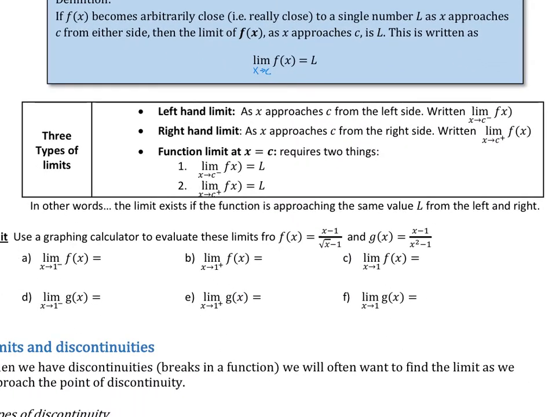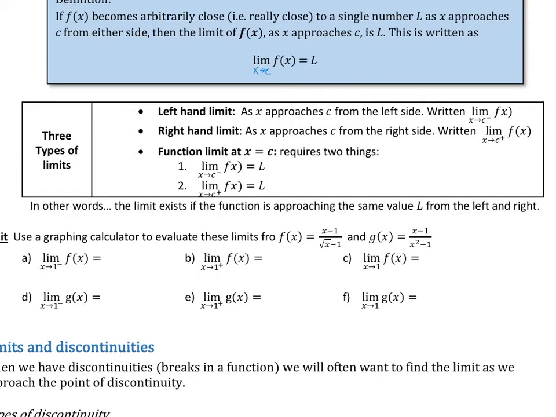We can talk about left-hand limits. That's limits coming from the left side. And we write that like this with a little negative sign. And right-hand limits as x comes to some value from the right side. And then we can have an overall limit if they're both the same.